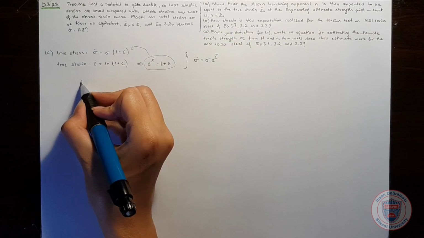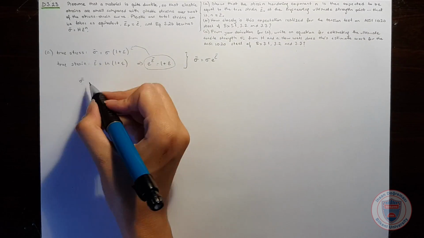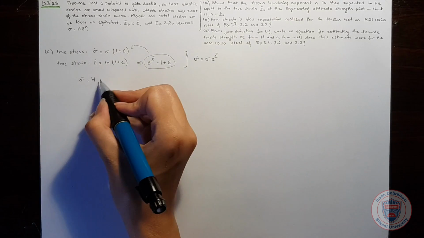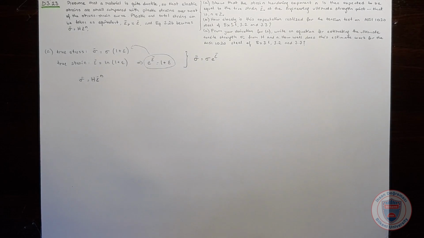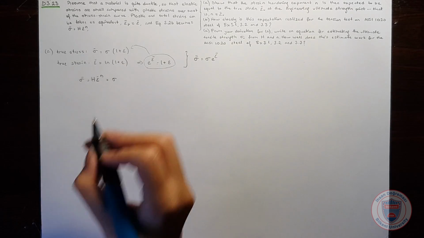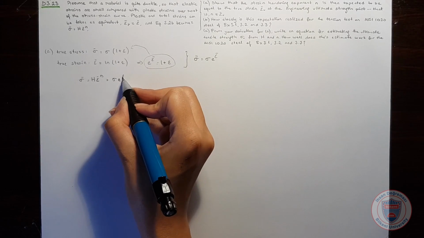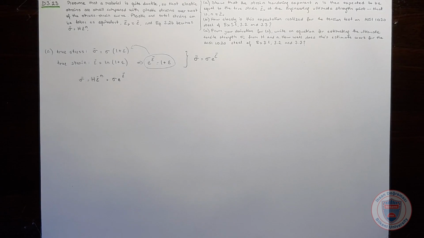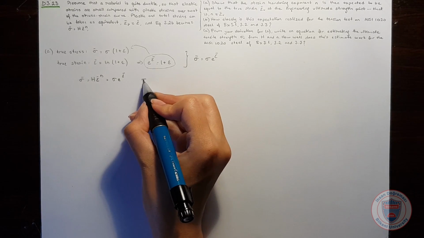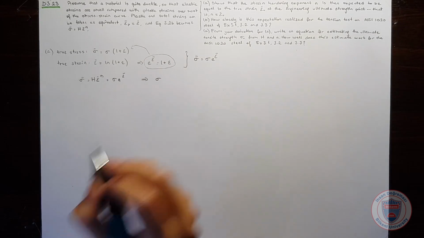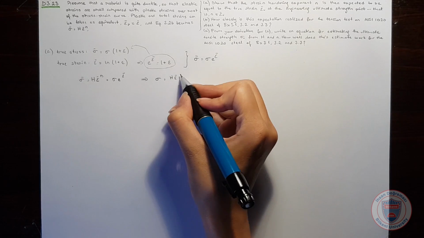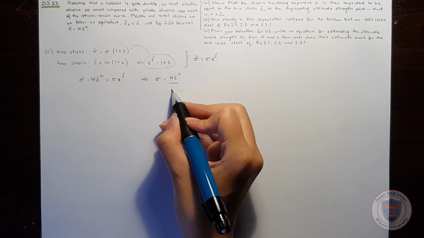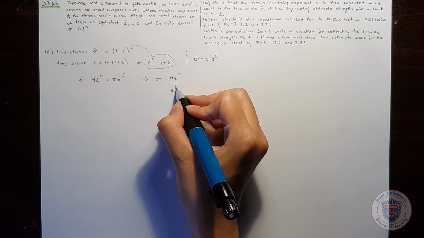In the question, it is given that the true stress is equal to H times true strain to the power of n. And we found that it is also equal to engineering stress times e to the power of true strain. So that the engineering stress becomes equal to H times true strain to the power of n over e to the power of true strain.